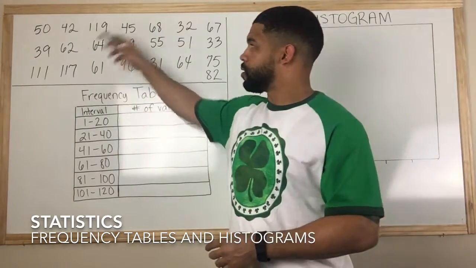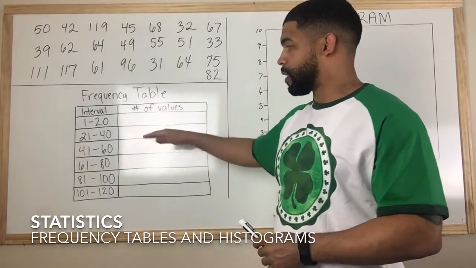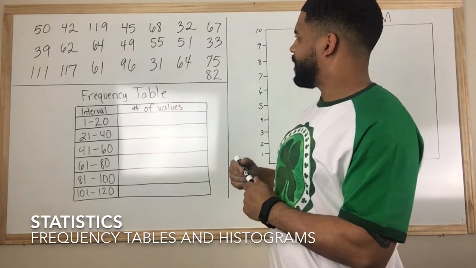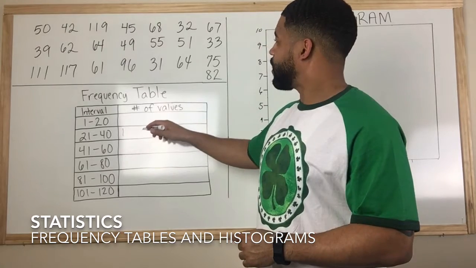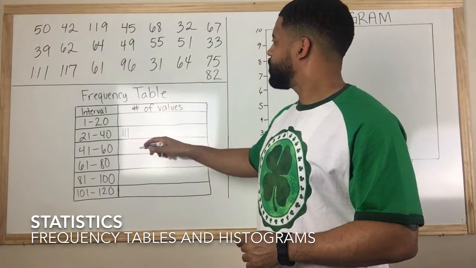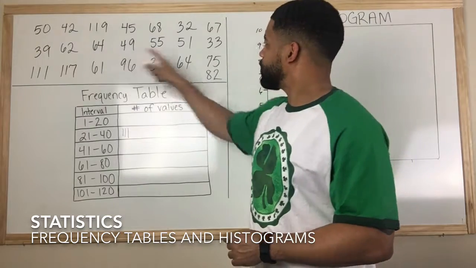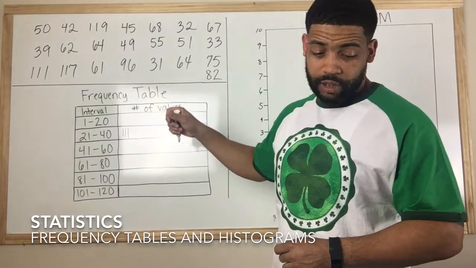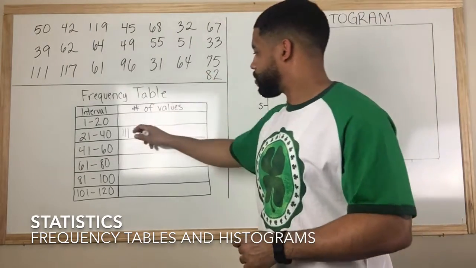So first of all, I look at my data set, and I don't have any numbers between 1 and 20, so I don't have to put any tally marks here. But between 21 and 40, I have 39, 33, 31, and 32.